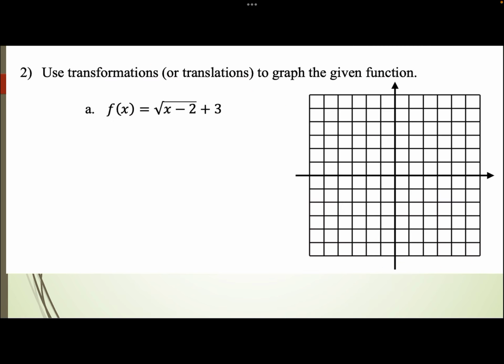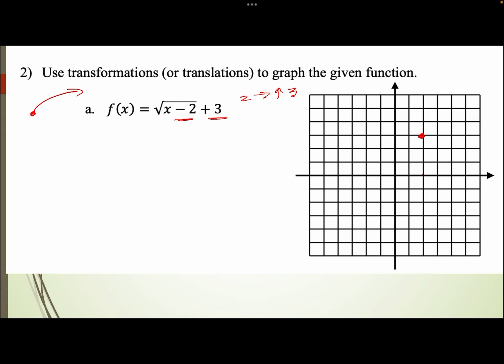Okay. The next one on page 1 is these three are graphing. I want you to notice the transformations or translations here. This is 2 to the right and up 3. Well, it's really helpful if you remember the shape of the graph. So I'm going to go 2 to the right and up 3.